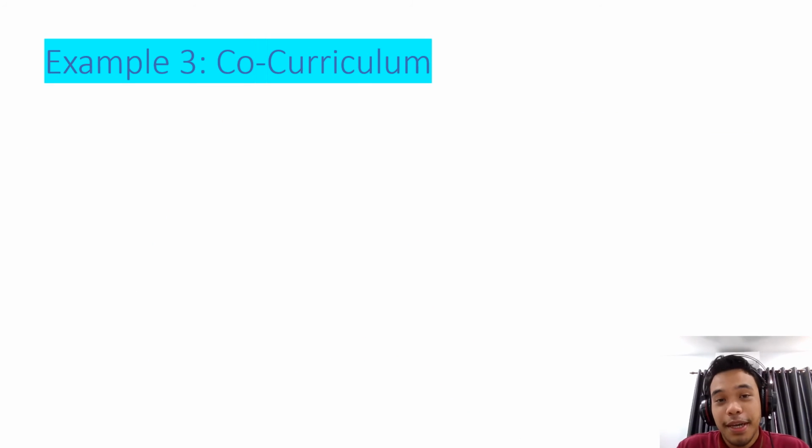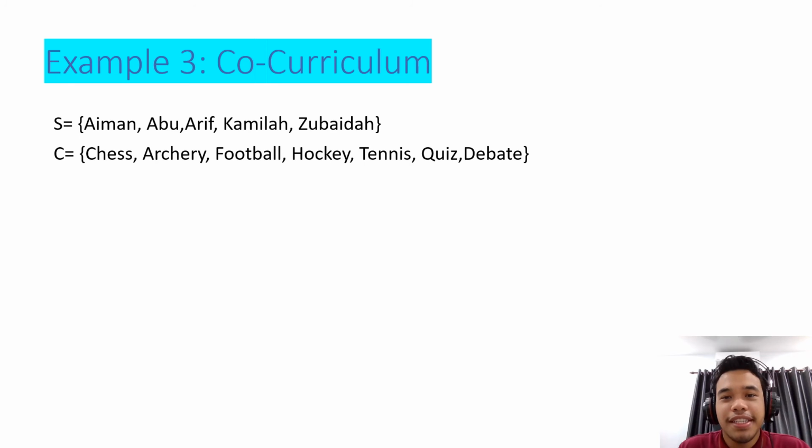For the last example, we have co-curriculum. Here we have two sets. The first one is S, which is student. The elements of S are Aiman, Abu, Arif, Kamila, and Zubaida.